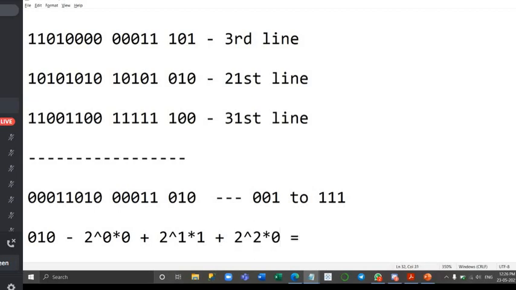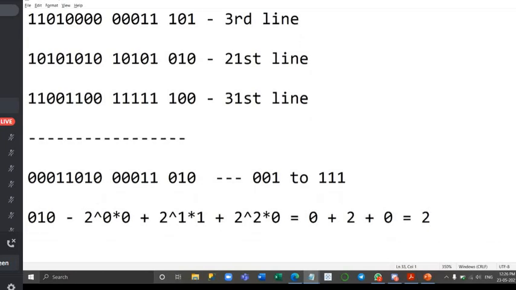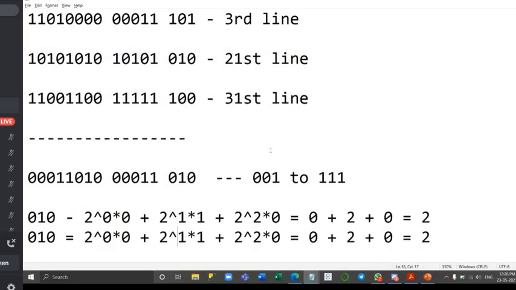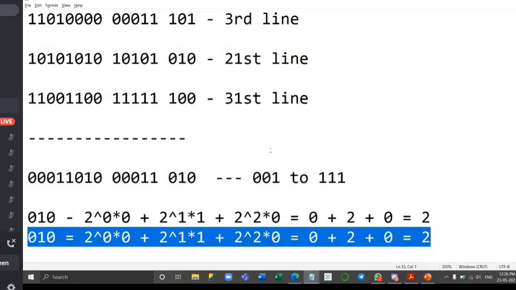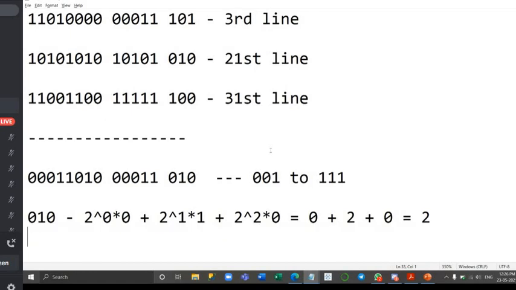So you will be getting 0, plus 2, plus 0, so you will be getting 2. If you are doing the same thing for hexadecimal, the base will be 16. And if you are doing it for octal, it will be the power of 8. So on and so forth.